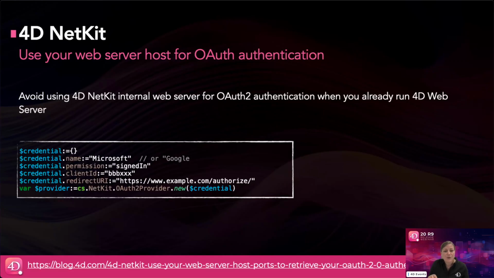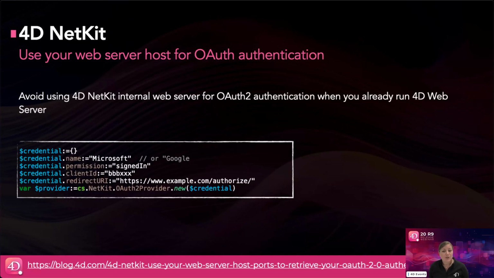In fact, if the redirect URI you use matches your host web server's port, or if you just don't specify any port, then NetKit will automatically use your main server for the callback. If the port is different, it will fall back to using its own internal web server, just like before.